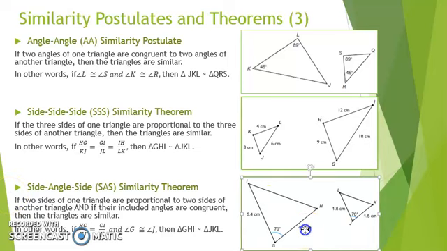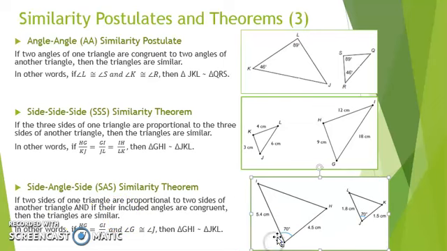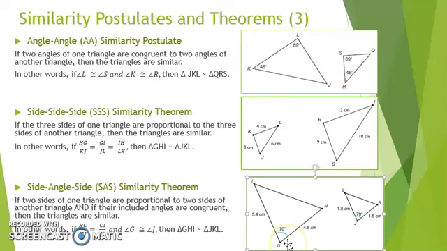If two sides of one triangle are proportionate to two sides of another triangle, and in this case, 5.4 to 1.8 is equal to 4.5 over 1.5, which is 3 to 1, and their included angles, the angle that is formed by those two corresponding proportional sides, so IG and HG and LJ and KJ, those included angles are congruent, then that is enough to say the triangles are similar.